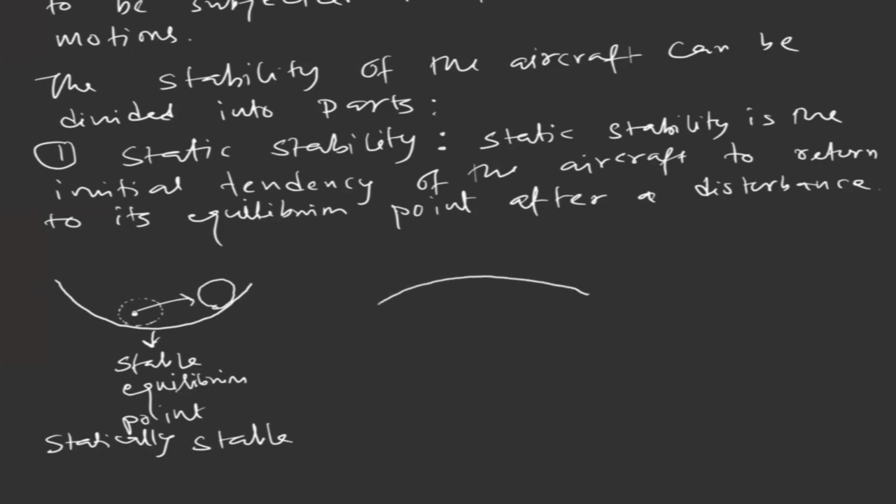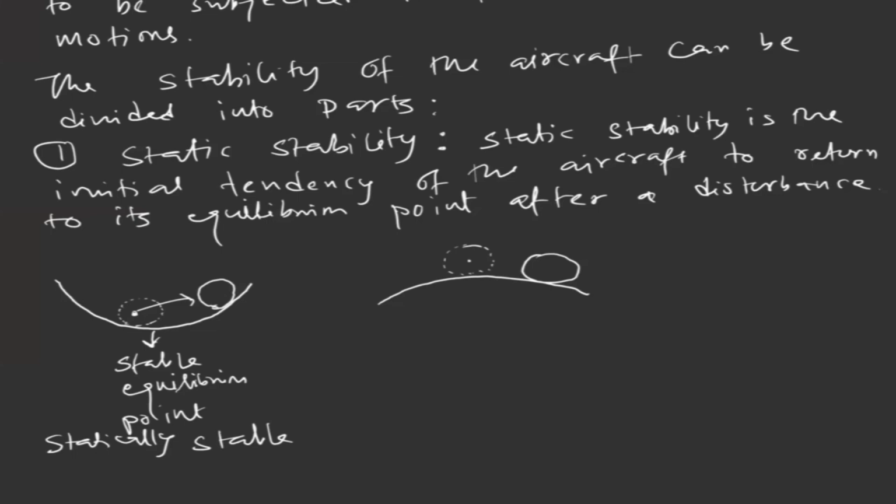If we consider another surface like this, and let's assume this is the equilibrium point, and if you disturb the body, after the disturbance, let's assume the ball position is here. If you see carefully, after the disturbance, the ball has no tendency to come back to the initial point.